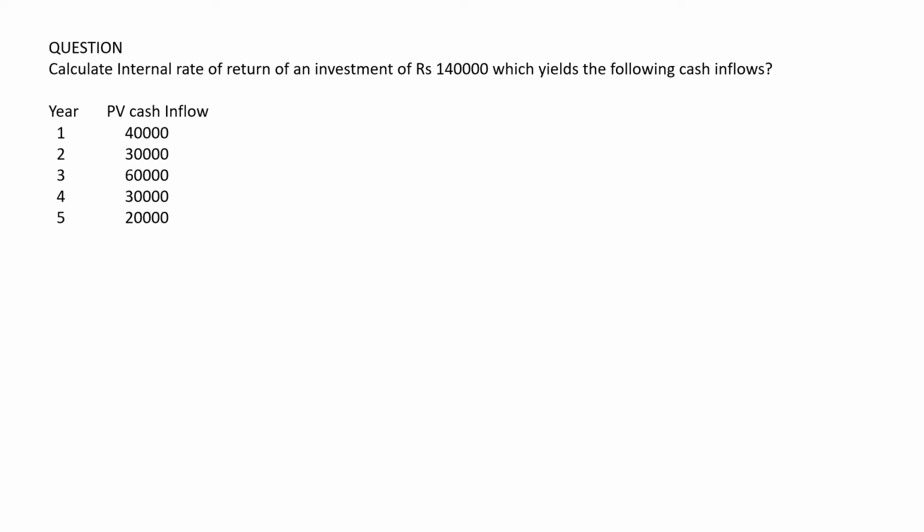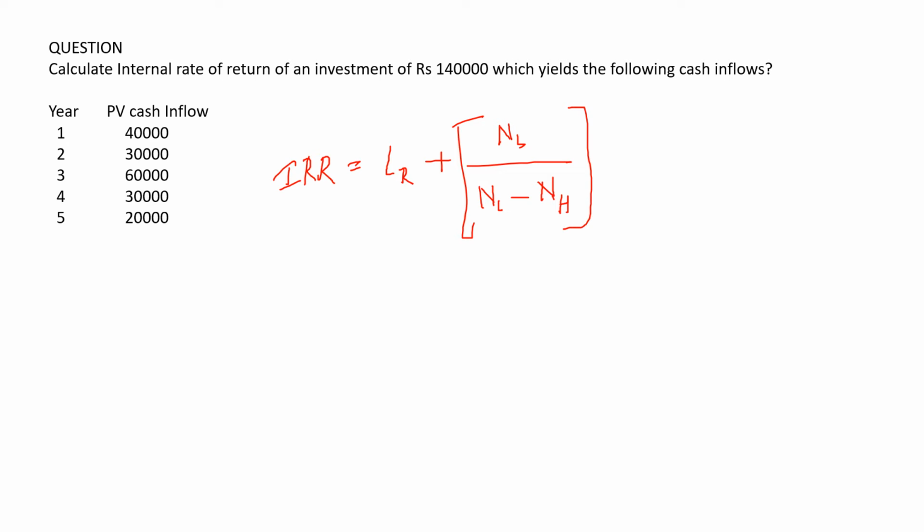To find out the IRR, we will be using the formula: lower discounting rate plus bracket NPV of the lower discounting rate divided by NPV of the lower discounting rate minus NPV of the higher discounting rate, multiplied with the higher discounting rate minus the lower discounting rate.